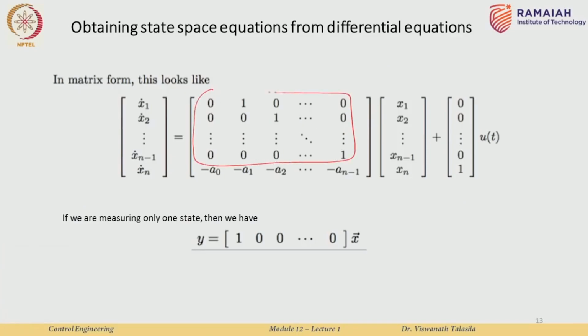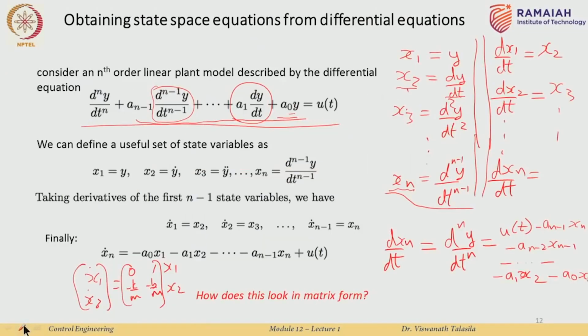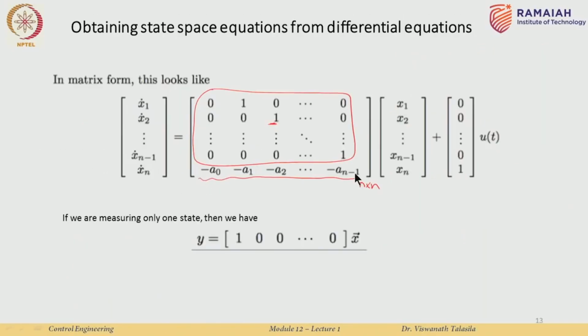You see that these first n minus 1 rows, which I am showing you over here, are basically all the velocities which are related to the previous one. So x1 dot would be nothing but x2, x2 dot would be nothing but x3, and so on and so forth, same as the mass spring damper case we have done. The final expression, dxn/dt, basically comes from this expression over here, which I have rewritten as the last row of this matrix.